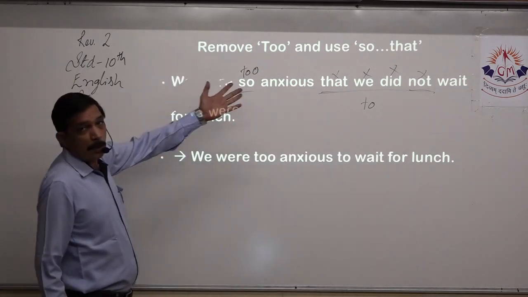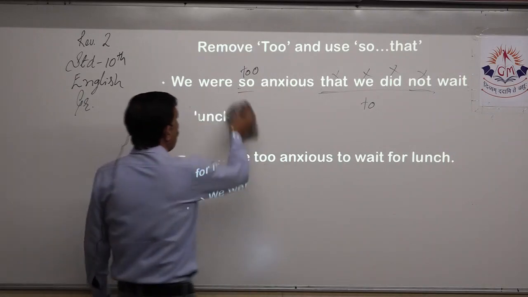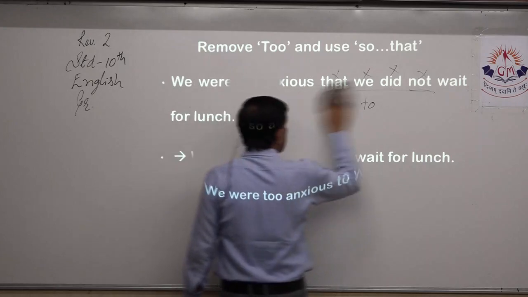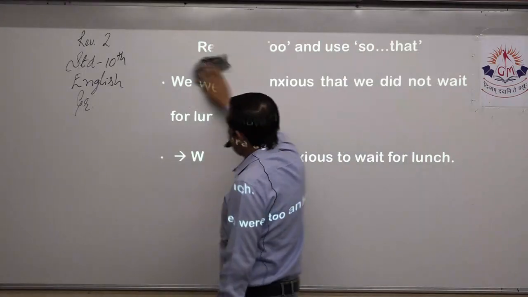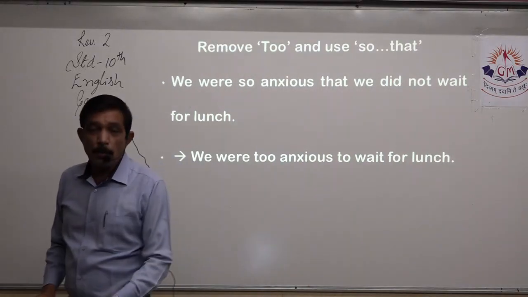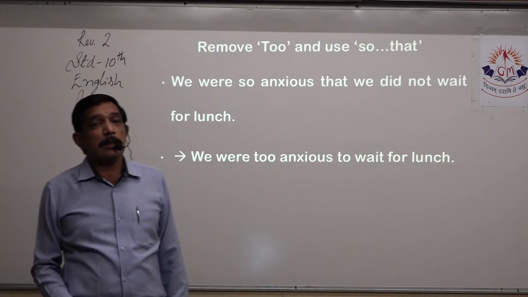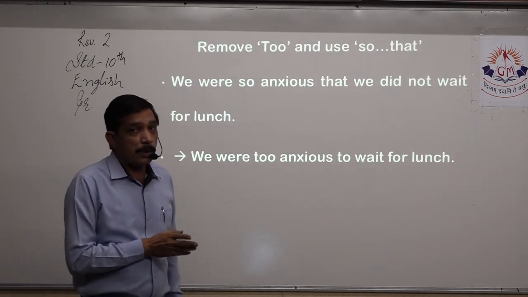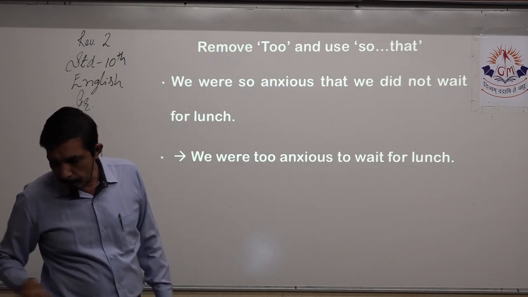The same thing is over there, right? We did not wait for lunch. So nothing is coming out of the blue. This is not something magic happening. Everything is given to you. We just have to use our head so that we do not make any wrong transformation of sentences. Please consider this, students. When we do the transformation of a sentence, we should not change the meaning of the sentence.